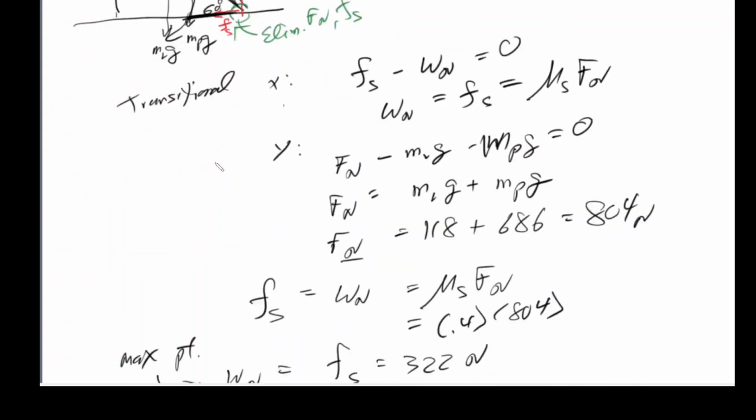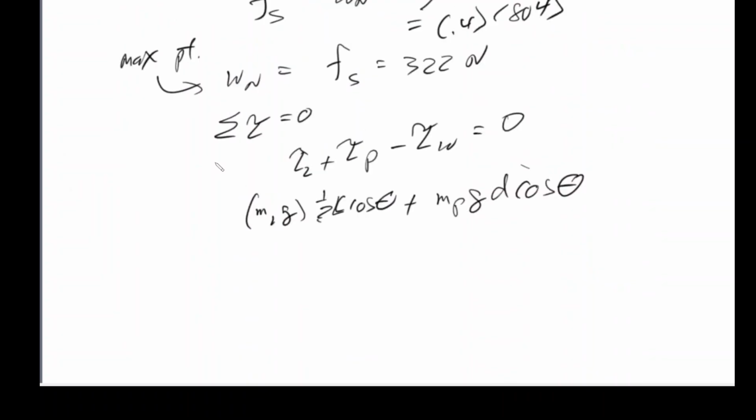So that's d cosine theta, minus the torque exerted by the wall, which is Wn times L sine theta, has to equal 0.